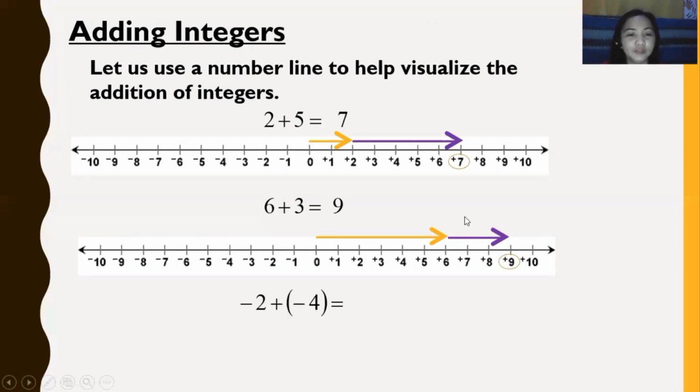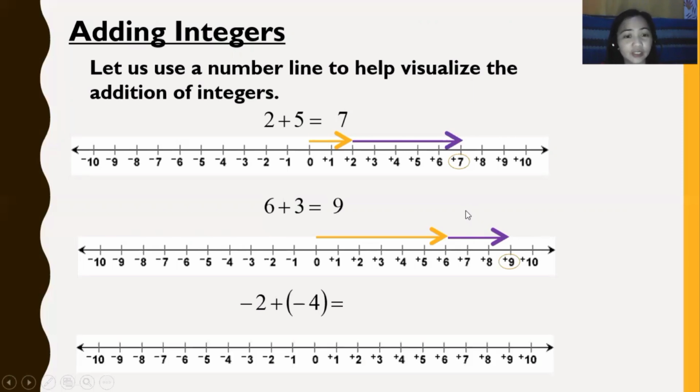And then we have addition of 2 negative numbers. So let's see, in a number line, since we have negative 2, negative numbers is going to the left. When we are to add negative numbers, the direction is going to the left. So from 0, we count 2 units from 0 to the left, and that is negative 2.